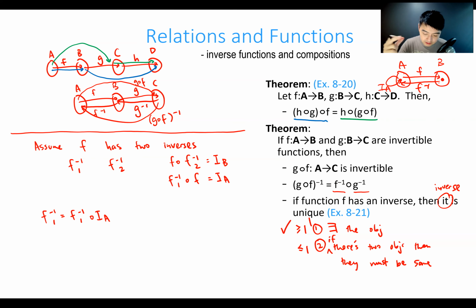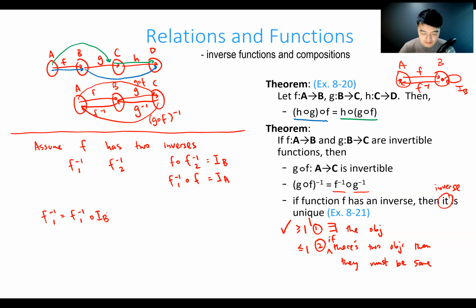Okay, so if I just took the inverse versus if I took the identity of, sorry, not identity of A, my mistake, the identity of B. So I took the identity of B first and then took the inverse. Do you agree that they are the same? They end up in the same place.